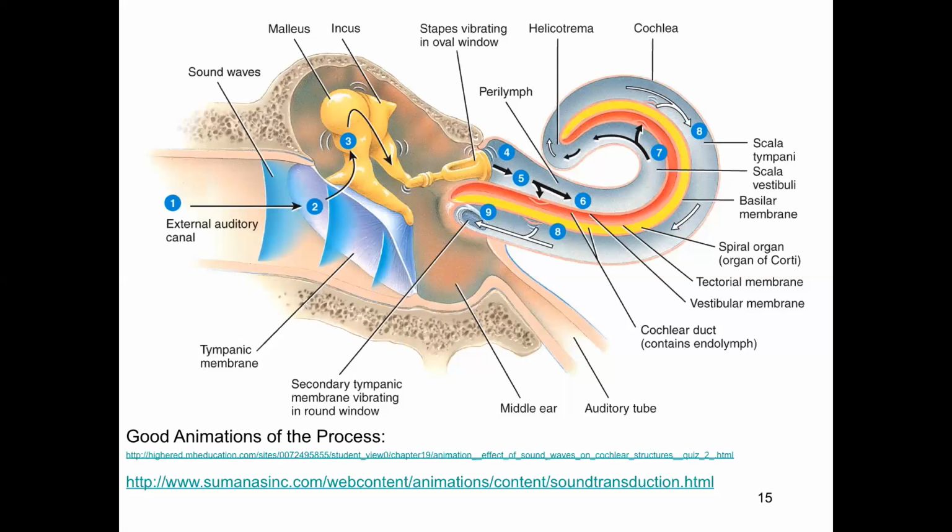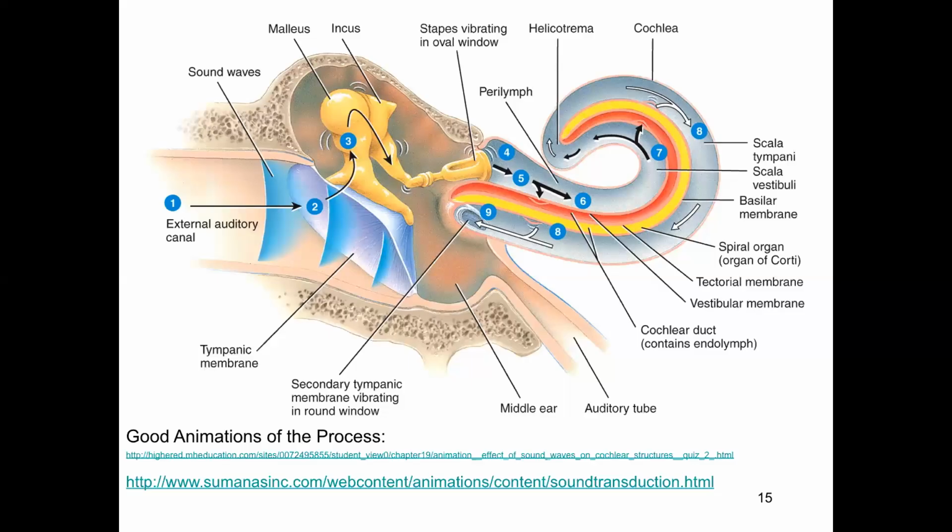If you're following along with my notes on point 6 on page 7, the lower frequency sounds are going to vibrate the vestibular membrane further away, and higher frequency sounds closer together.